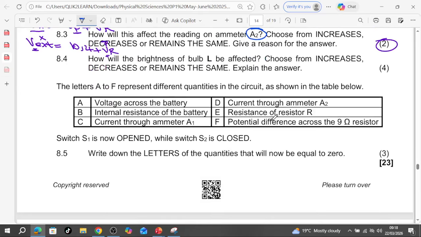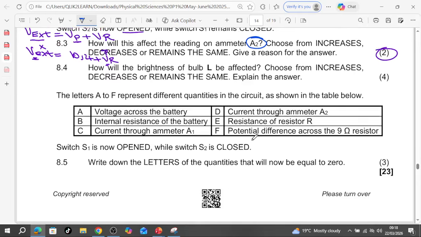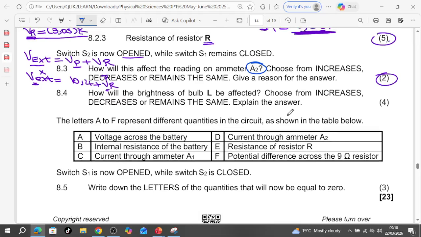We can use Ohm's law to answer this. The question says, how will this affect the reading on ammeter A2? Choose increase, decrease, or remain the same. So let's use Ohm's law.